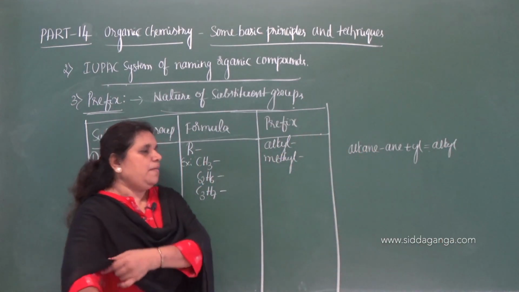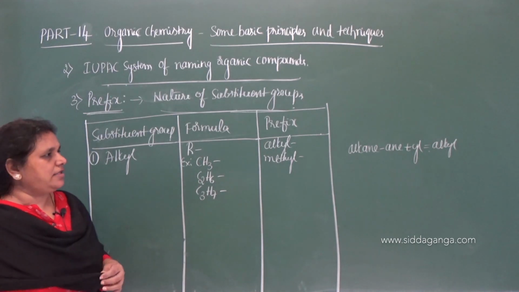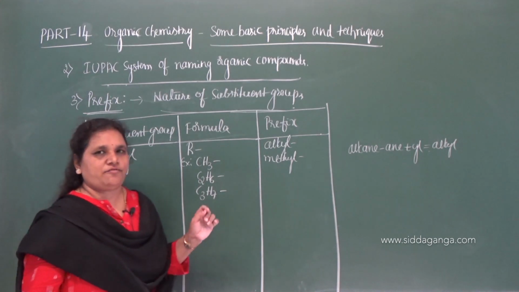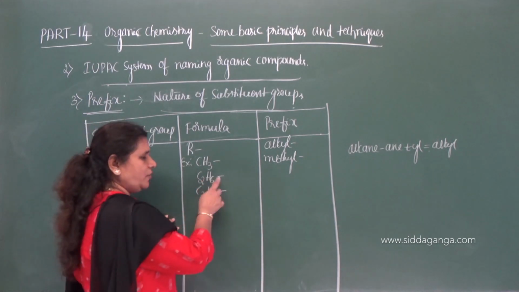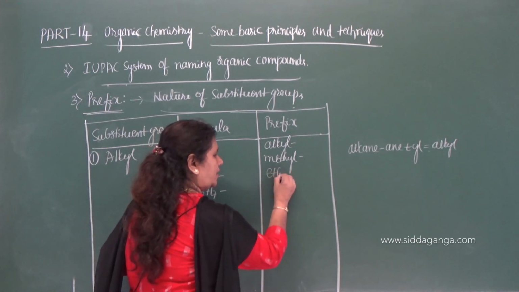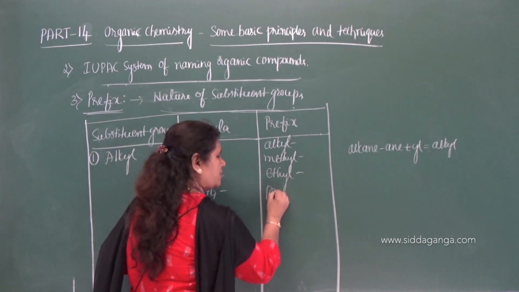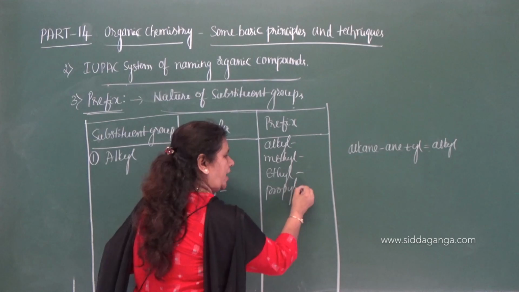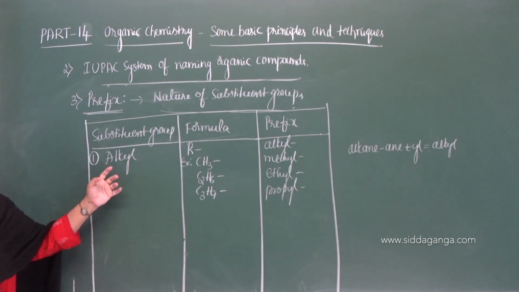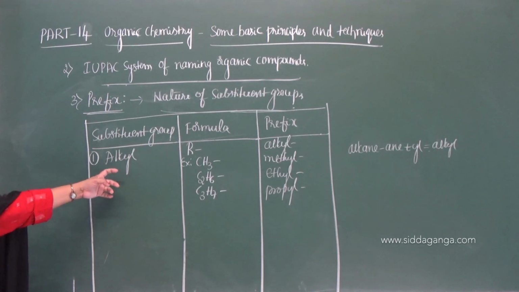So, that is methyl here. Methyl is the substituent group which is obtained by the loss of one hydrogen from the methane. If you remove one hydrogen from ethane, then what is the name? Ethyl. And this is propyl. Like that you can give the name of the substituent group called alkyl group. Then, what is the second one?